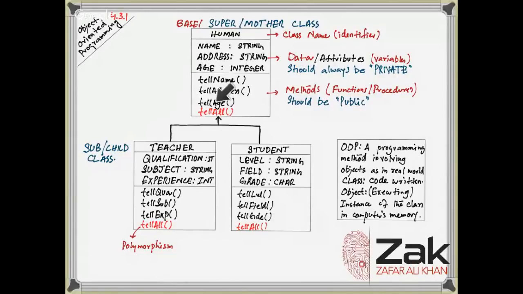So when any method that is inherited and has the same name but different output, different behavior, it is called what? Polymorphism. Poly means many, morph means shapes. So the same named method. So this is called polymorphism.